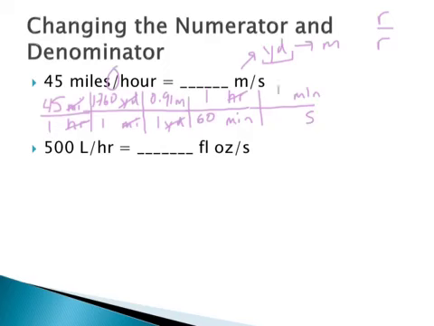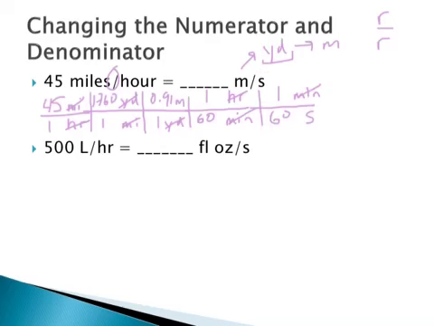Well, obviously within 1 minute, there's 60 seconds. So that's going to allow minutes to cancel out. And what I am left with now, if you look at all your units, is meters in the numerator, that is yet to cancel with anything up here, and seconds in the denominator. So that's meters divided by a second, or a meter per second.